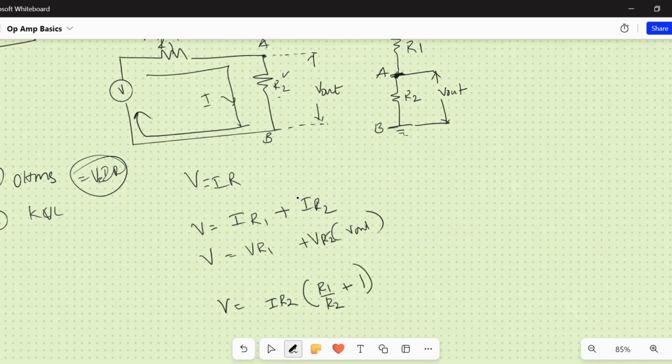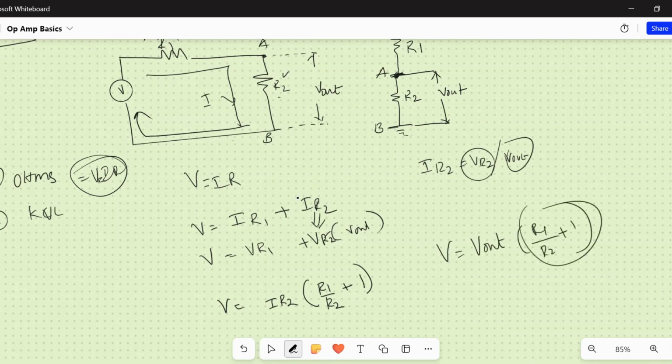Now, what is IR2? The current through this resistor times R2 is nothing but VR2, or V out. Either this or this one. Fine. So now V is equal to V out into R1 by R2 plus 1.